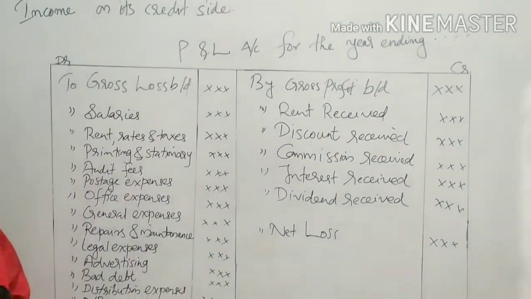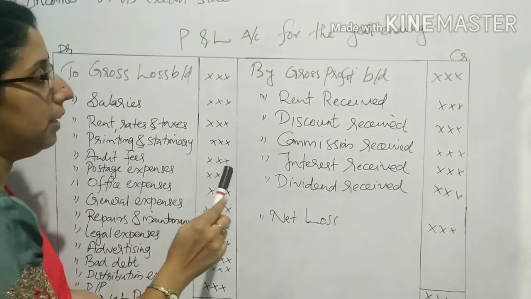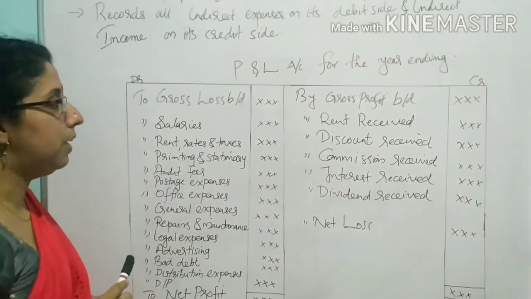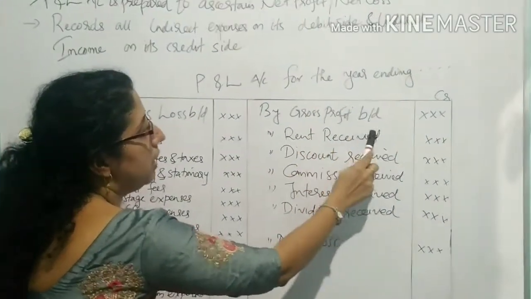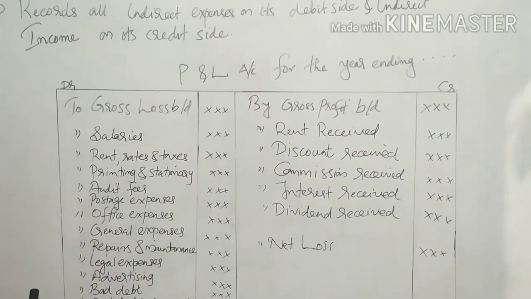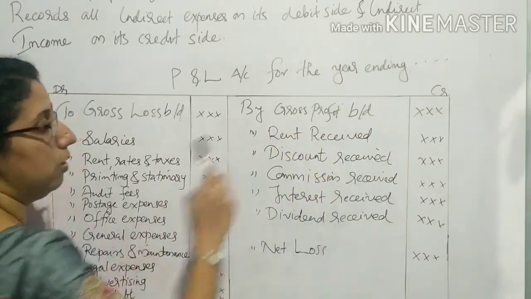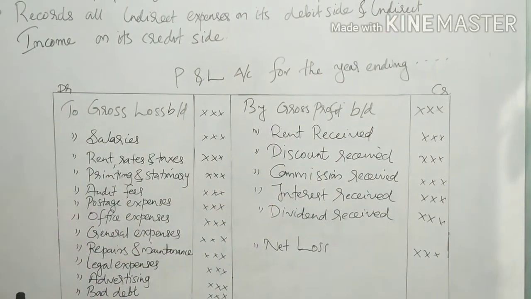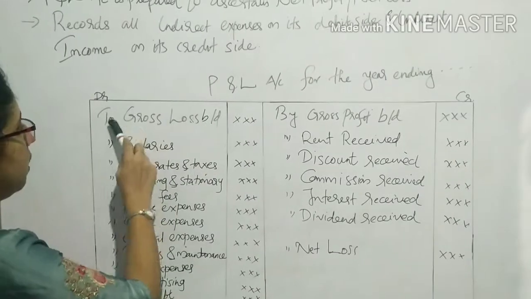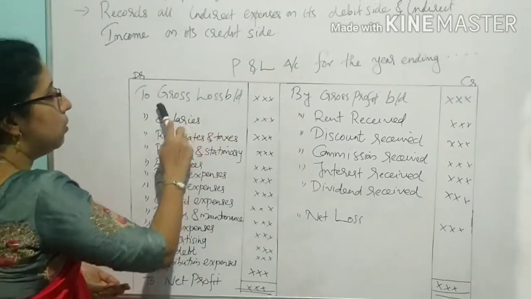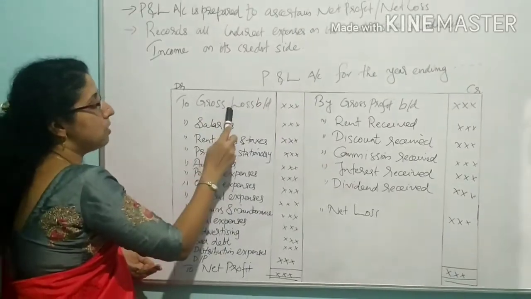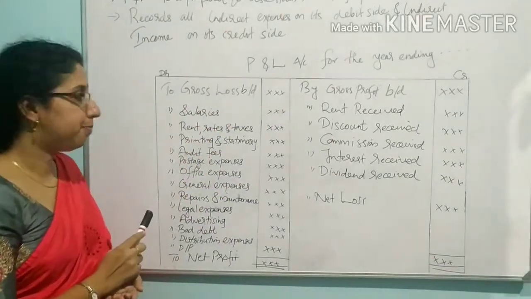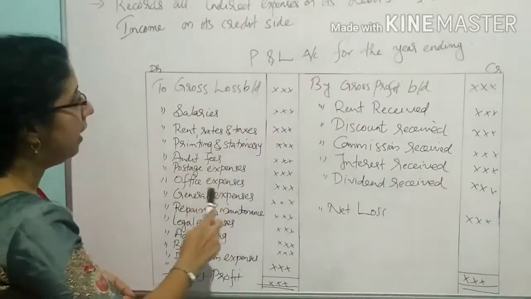That gross profit should be recorded on the credit side of a profit and loss account by gross profit brought down. Or if our trading account gives us gross loss, then this gross loss should be debited to profit and loss account. That is to gross loss brought down. Clear?